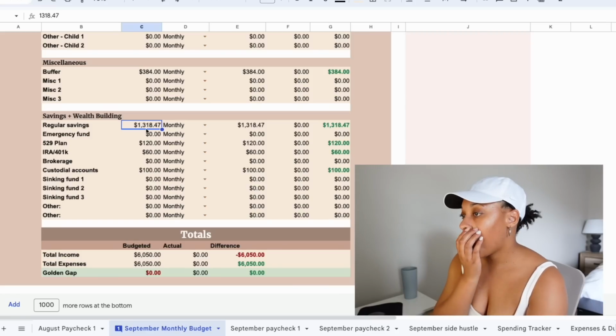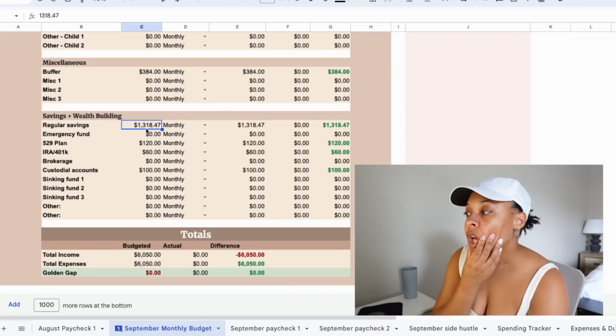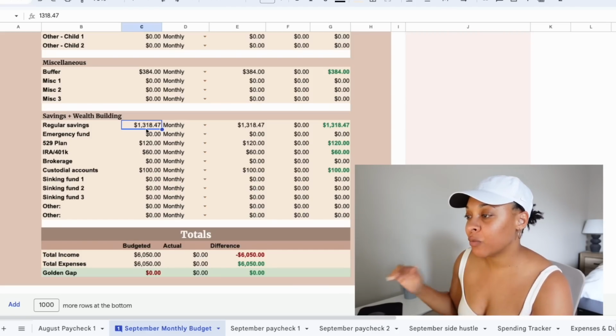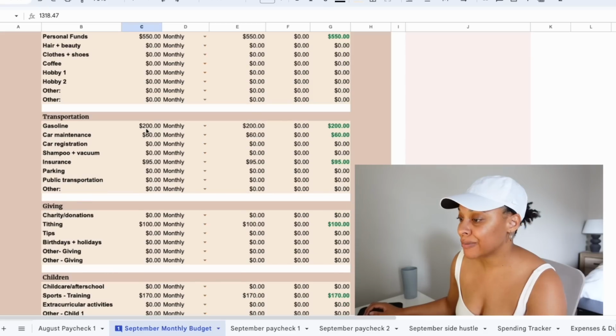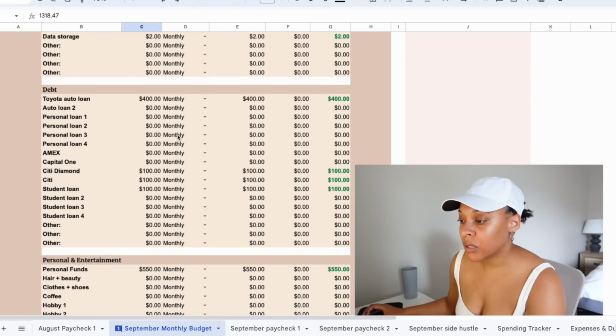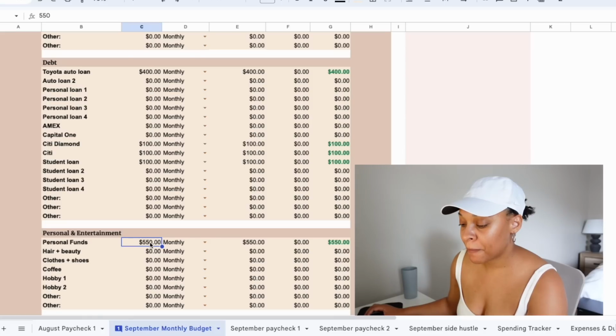Okay, I lied, y'all. All right, so this is why it's good to go in and work your numbers, because you've got to get organized. So I said 550.